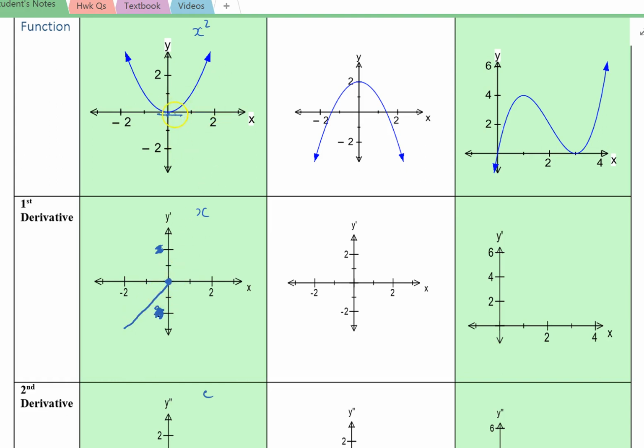And thereafter, a little bit positive, and then quite positive. So it's going to go on like that. We know that it's going to be a straight line because we know the highest power decreases by 1 when we differentiate. And if I'm graphing a linear, I get a straight line.